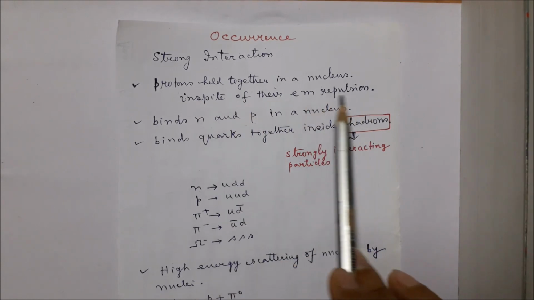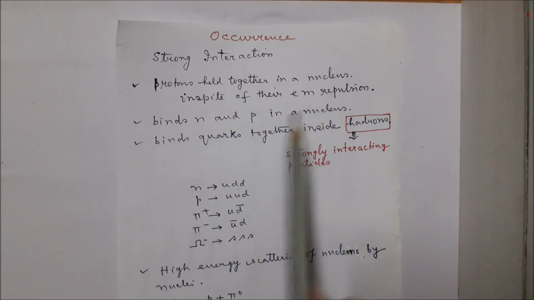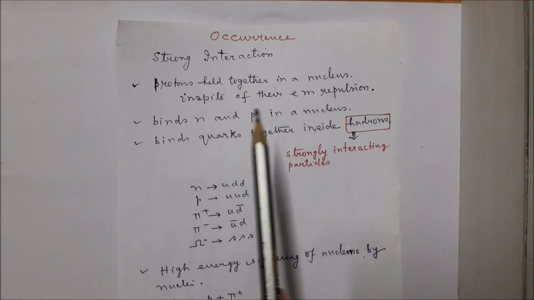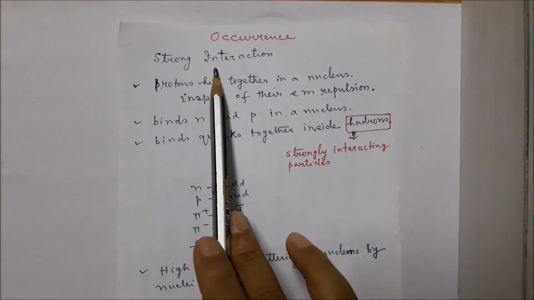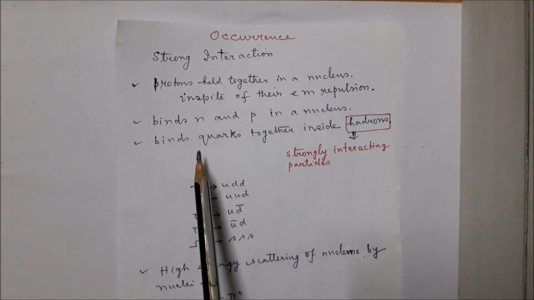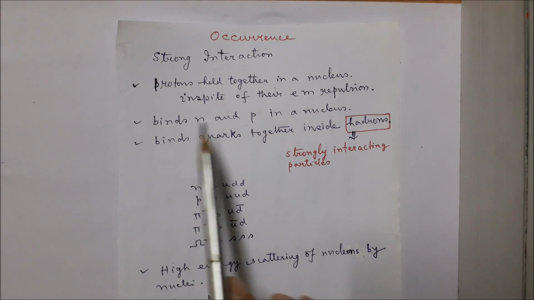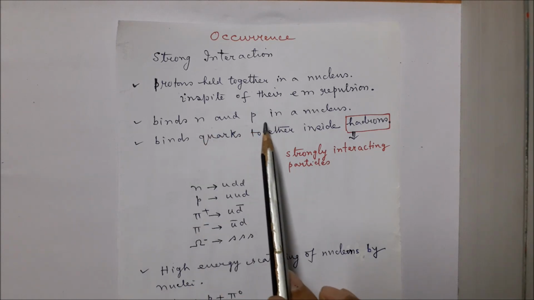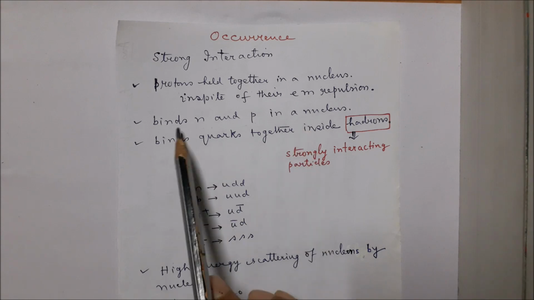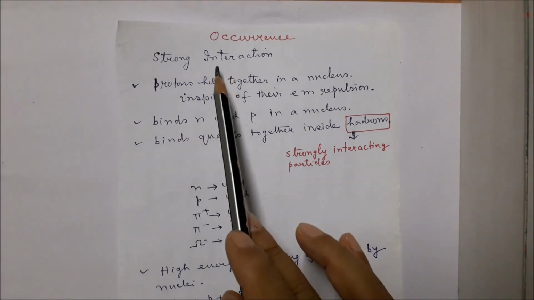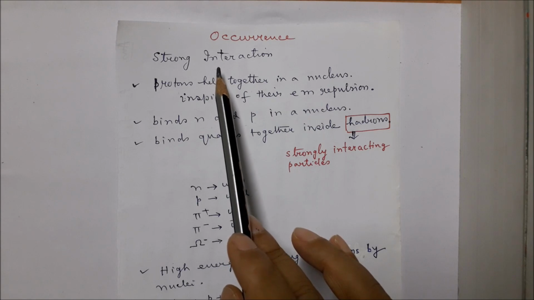Their electromagnetic repulsion is overshadowed and reduced to insignificance by the strong force. In a nucleus, multiple neutrons and protons stay together, bound by nuclear force or strong interaction.